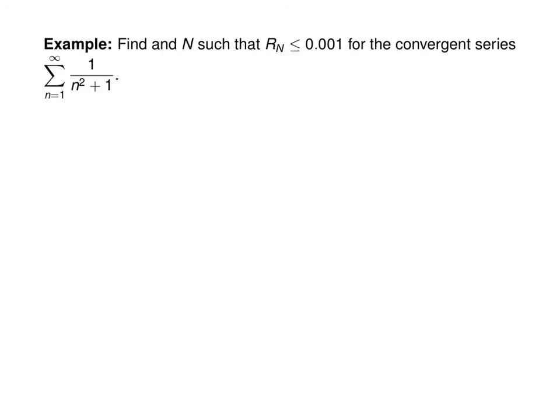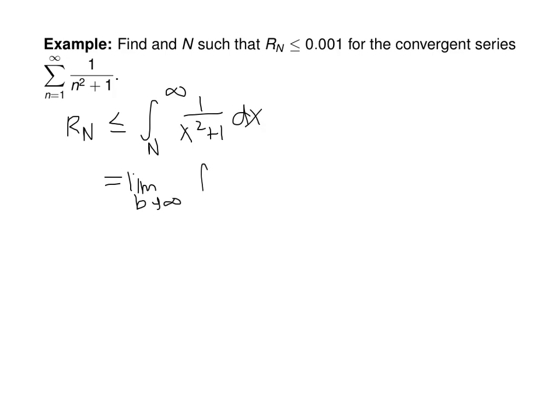Alright, a final example, we're going to find capital N such that the remainder, or the error, is less than 0.001 for this convergent series. So from our previous theorem, we know that r sub n is less than or equal to an integral from capital N to infinity, 1 over x squared plus 1 dx. So we can find that integral using a limit as b goes to infinity, n to b, 1 over x squared plus 1 dx.